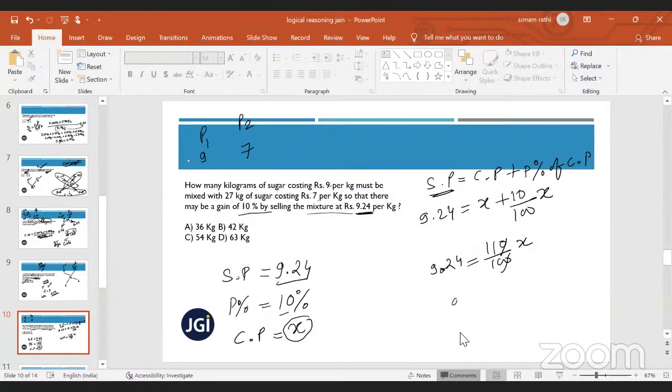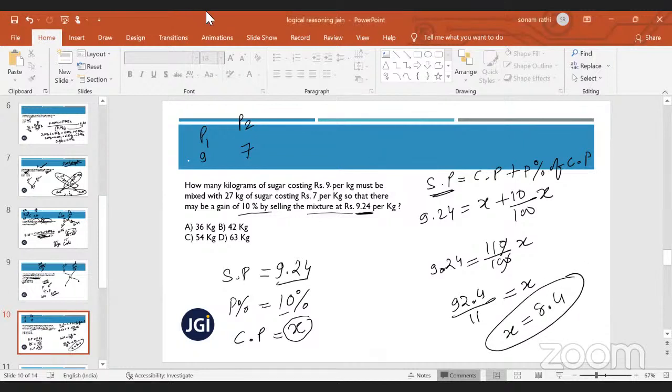0 cancel. 92.4 by 11 equals X. X is equal to how much? Sorry, 92.4 divided by 11. 8.4, right?